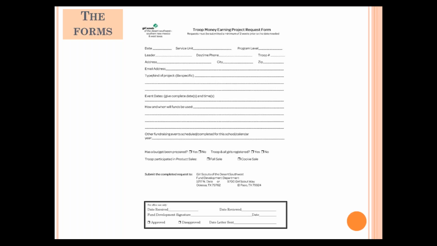I do really need a contact email and phone. Email is preferred. You need to be specific about the type of project, where you're doing it, when you're doing it, how you're doing it, what you'll be selling, and you need to give event dates and times.